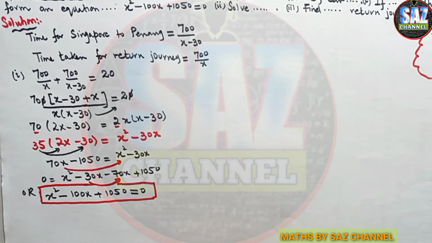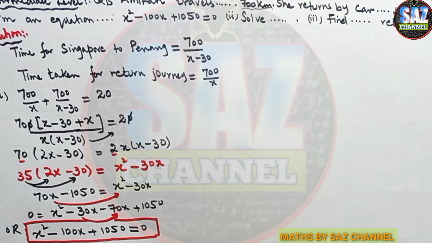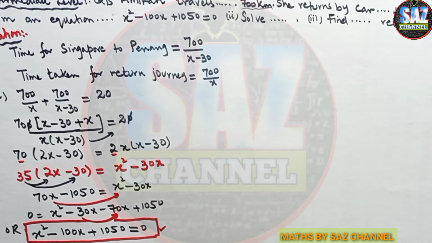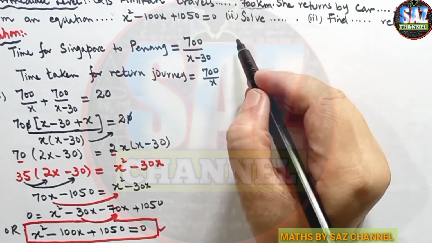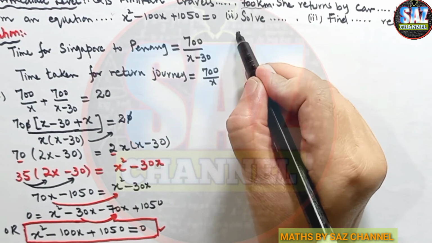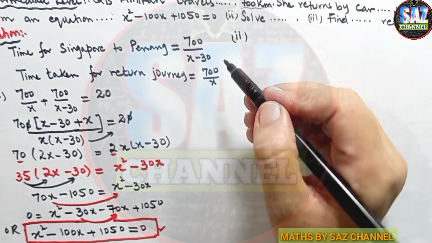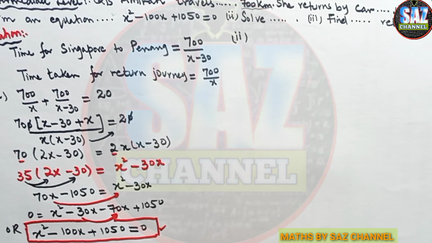The next part says that we have to solve the equation and give the answer correct to 2 decimal places. This is the second part of the question. As the equation has large coefficients, we can apply the quadratic formula here.